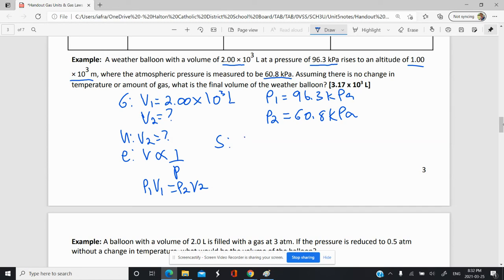So we have P1, which is 96.3 kilopascals, multiplied by our V1, which is 2.00 times 10 to the power of 3 liters, which is equal to our 60.8 kilopascals times our V2. And if we want to solve for V2, we simply divide everything by 60.8 kilopascals.